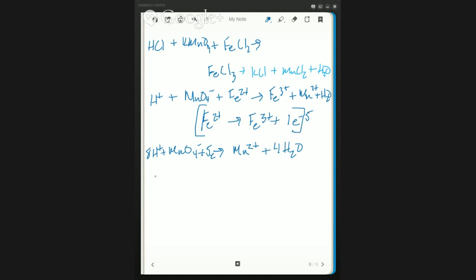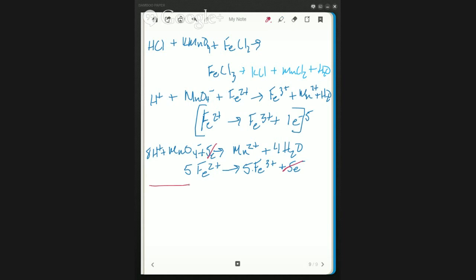So in doing that, 5Fe2+ yields 5Fe3+ plus 5e-. We're going to cancel out our electrons. Boom, boom, they're gone.